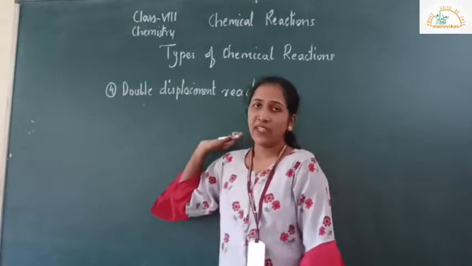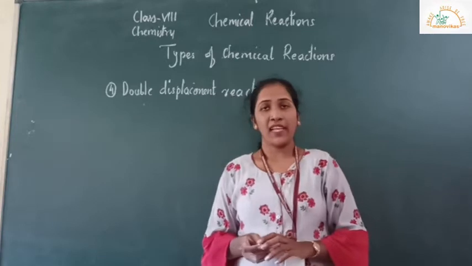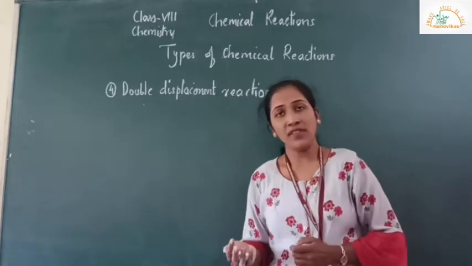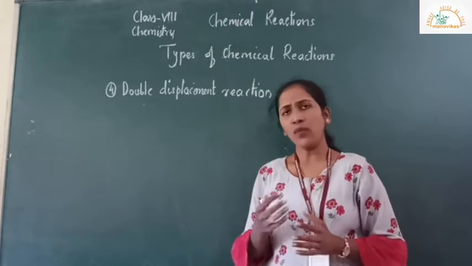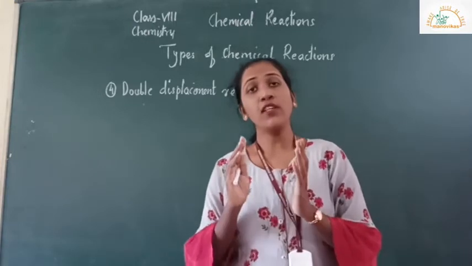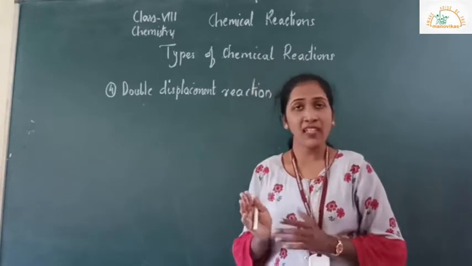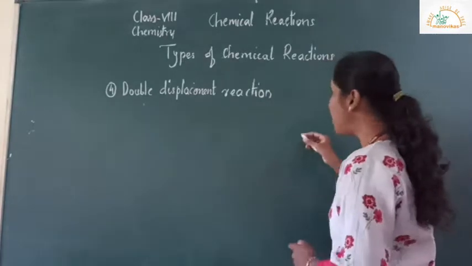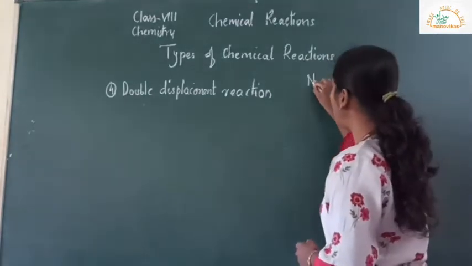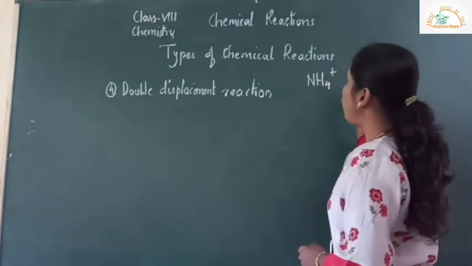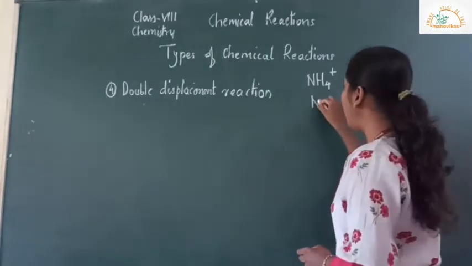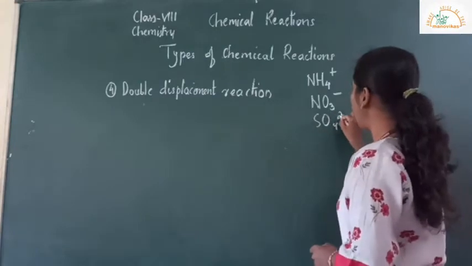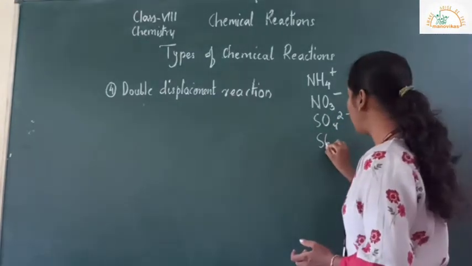Two, double displacement reaction. It is a chemical reaction in which the two reactants exchange their ions or radicals in the aqueous state. Now what do you mean by radicals? Radicals are the group of atoms which retain their identity in a series of chemical reactions. So let's take some examples of radicals. We have ammonium ion, then we have nitrate, sulfate, sulfite.